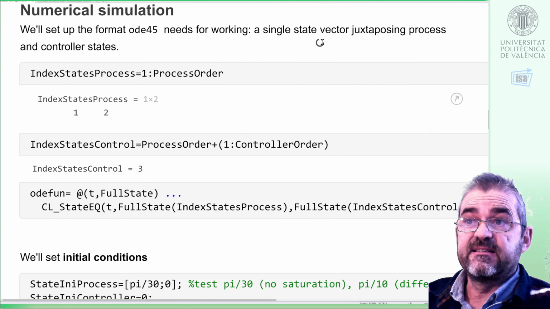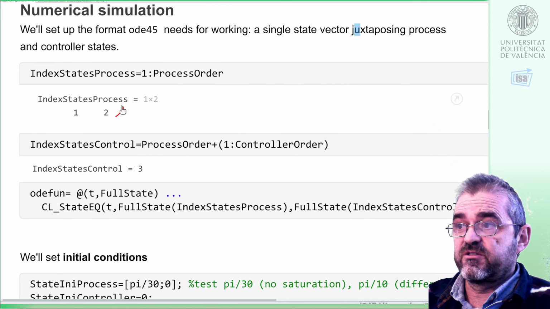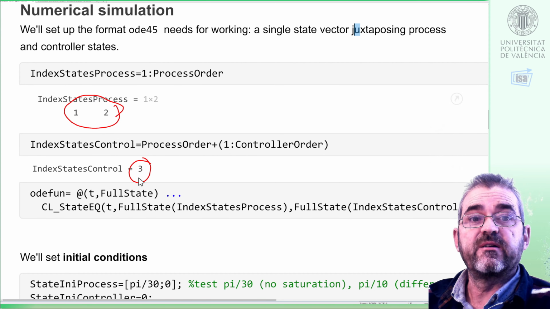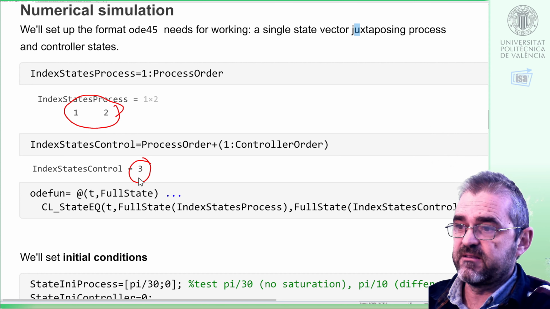We will build a single state vector, and then the first two elements of that will be the process state. The third one will be the controller state.